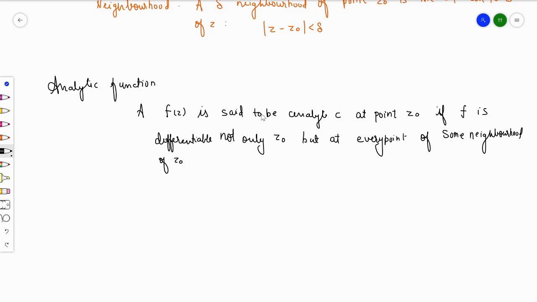Okay, f of z is said to be analytic at any point z0 if f is differentiable not only at that point but at every point in a neighborhood of z0.